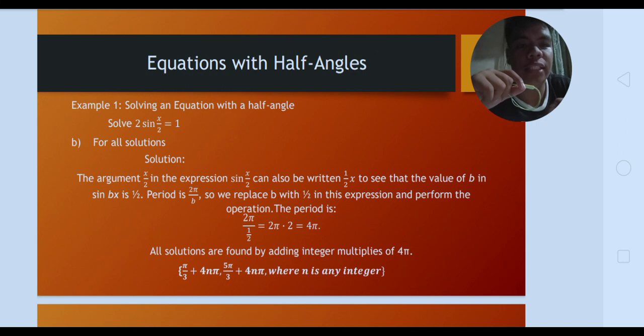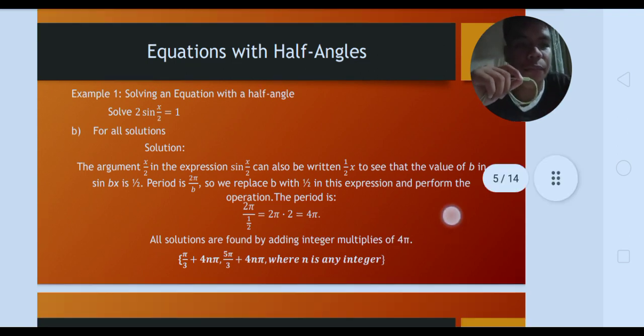The period is 4 pi, from 2 pi over 1/2, then following the rules of division, which is taking the reciprocal of the denominator and proceeding to multiplication. 2 pi times 2 is equal to 4 pi. All solutions are found by adding integer multiples of 4 pi: pi over 3 plus 4n pi and 5 pi over 3 plus 4n pi, where n is any integer.